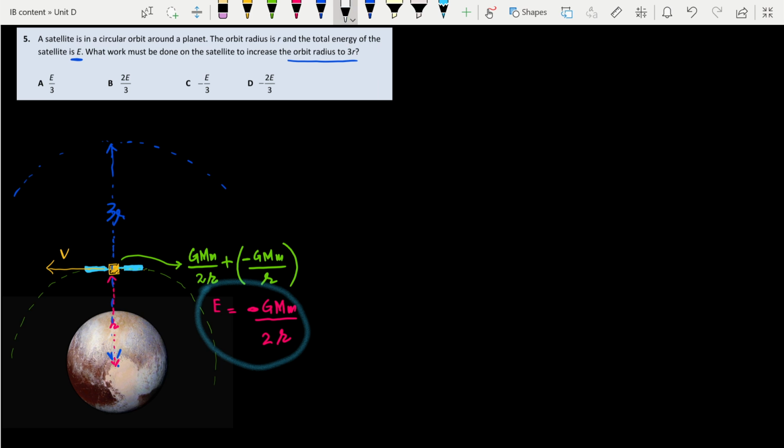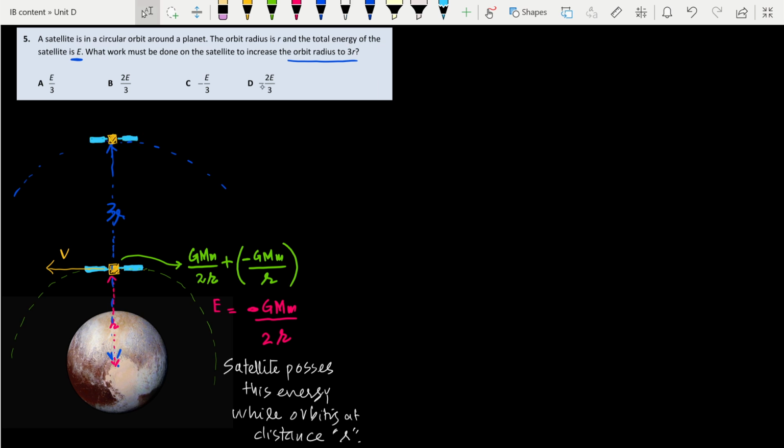The important thing that we had already covered is the total energy. The satellite possesses this energy while orbiting at a distance r. But if you move it to the final position, it will have a new energy, of course, so the total energy will change. I'm applying the direct formula for the total energy, negative GMm over 2r, as I told you.